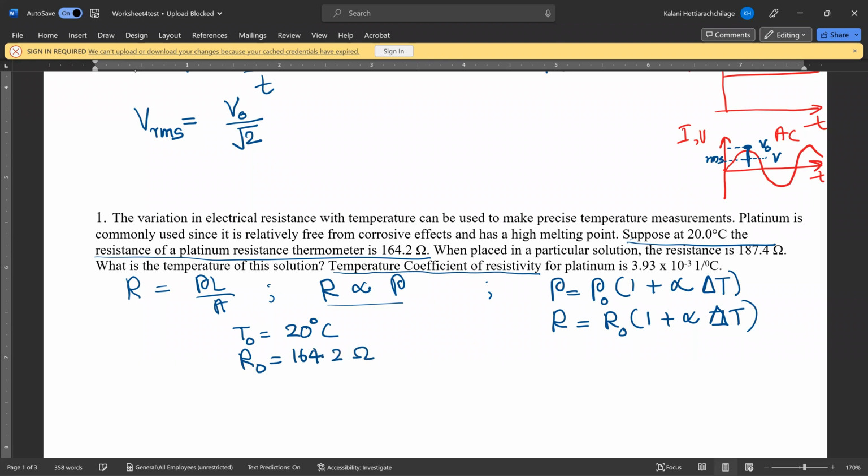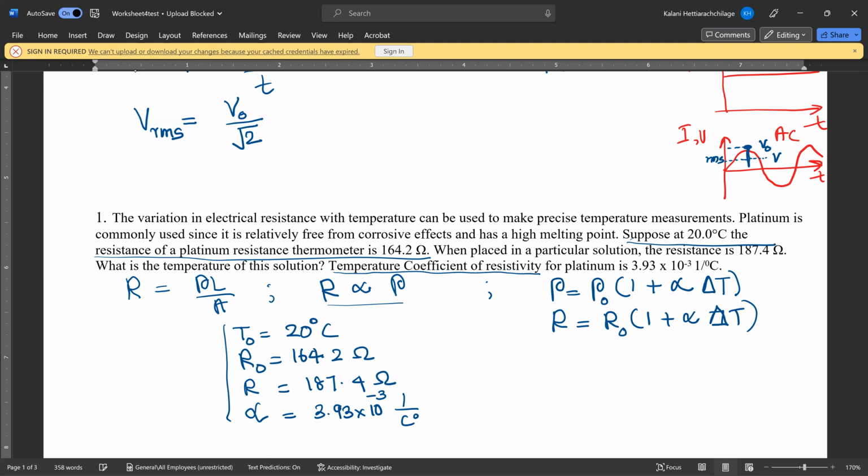And then when we place it in the particular solution, the resistance increases, so now R will be 187.4 ohms. And what's the temperature of the solution? The temperature coefficient of resistivity is 3.93 times 10 to the negative 3 per degree centigrade.